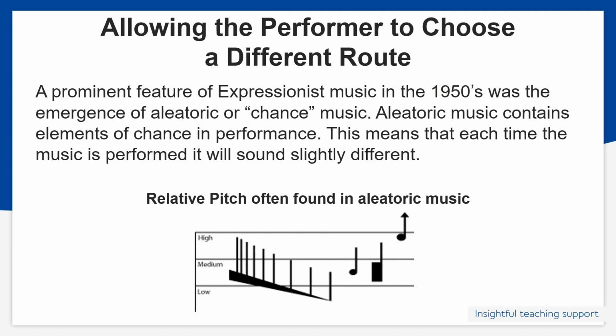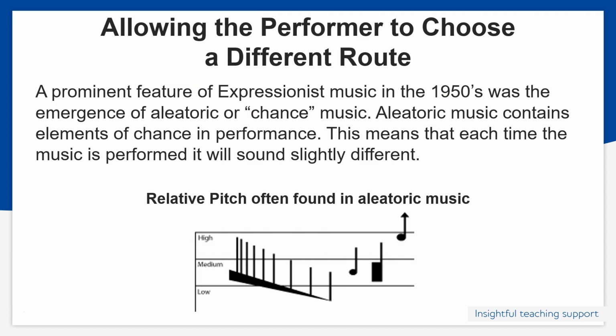On the screen is an example of relative pitch, which is often found in aleatoric music. Instead of using the conventional 5 lines that we normally use for the stave, and crotchets, minims and semibreves, etc., here the composer will just use a series of lines moving down from high through to medium, moving downwards in pitch, so it's entirely up to the performer how they interpret that series of lines.